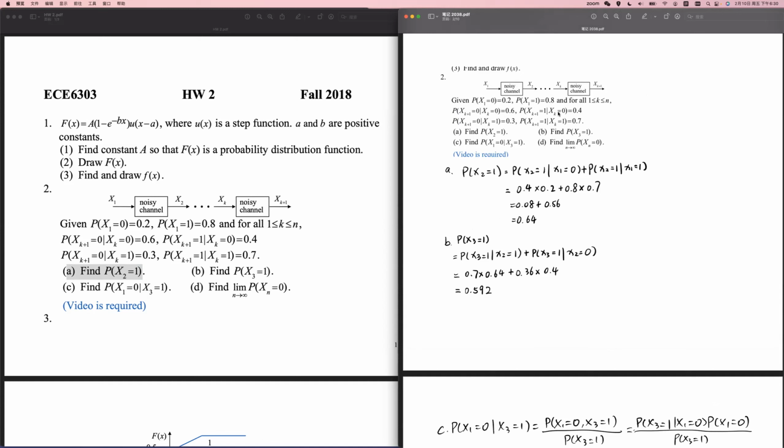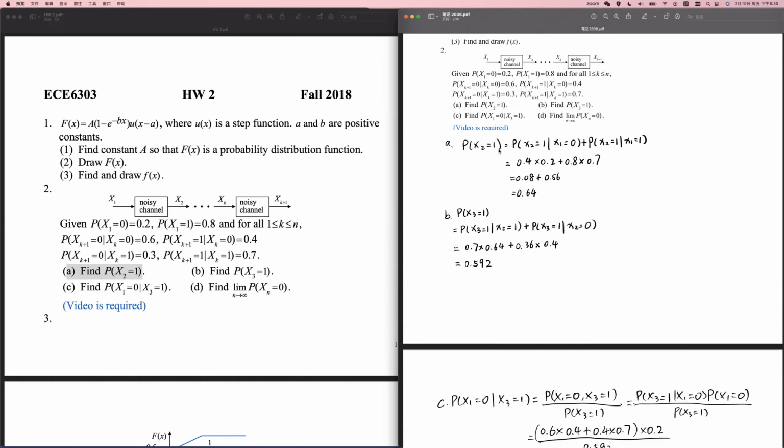So given x1 is 0, x2 can be 1 with probability 0.4, times 0.6.